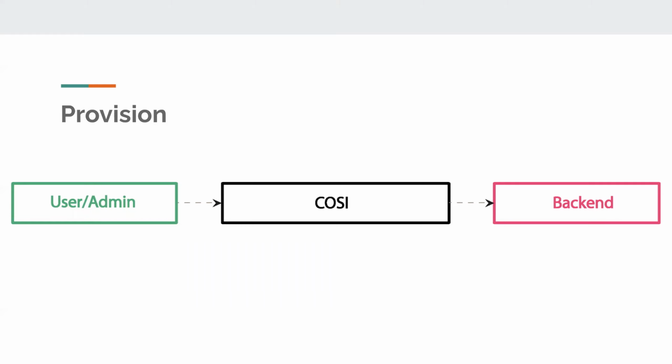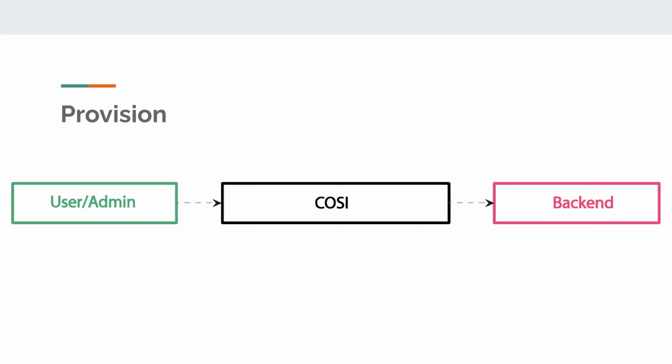Now, the workflow we described was a user or admin requests a bucket, and Cozy uses that information to communicate to the backend and actually create the bucket.